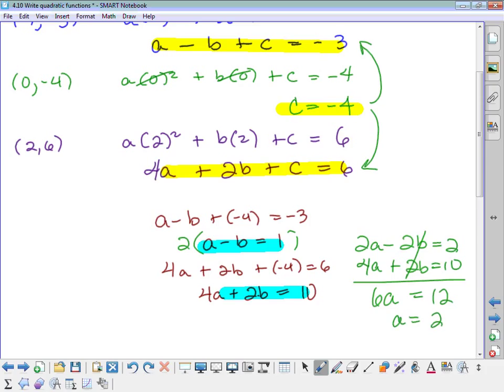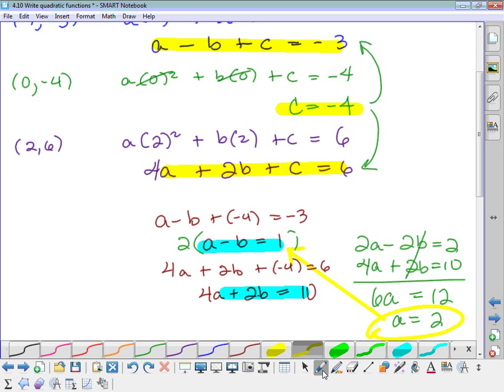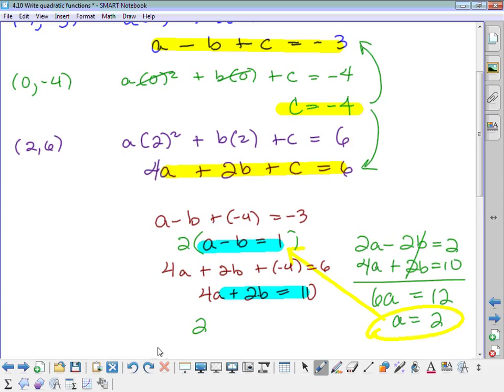Now I can take this a and plug it back into either one of these equations. I'm going to choose the one with the smaller numbers. And so when I do that, I get that 2 minus b is equal to 1. So 2 minus 1 equals 1. So b has to be 1.